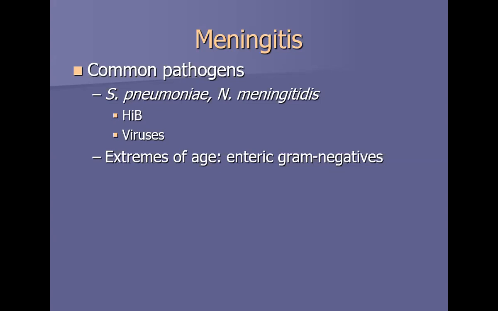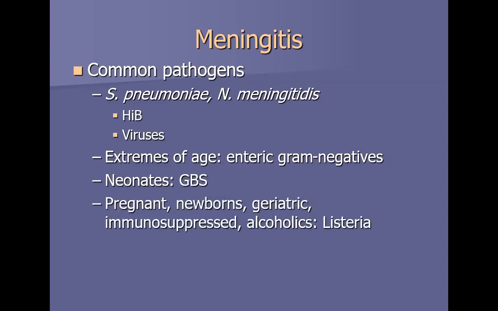So just keep that in mind as well, West Nile virus, especially for immunocompromised and older patients. And then thinking about their age, the extremes of age, really young, really old, then some of the enteric gram-negatives. And in pregnant women and people who have liver disease, immunocompromised patients, think about Listeria, okay?